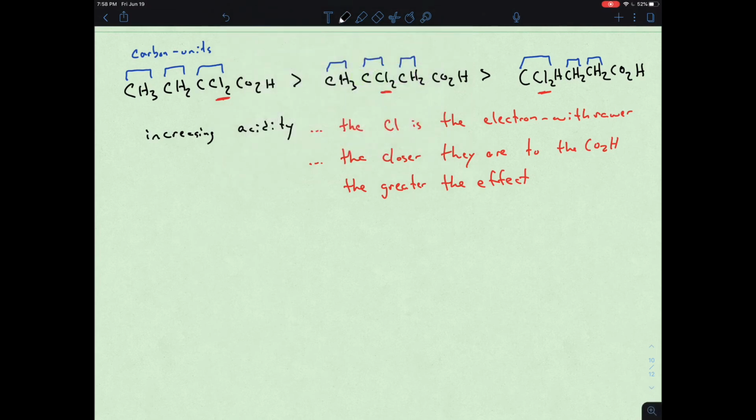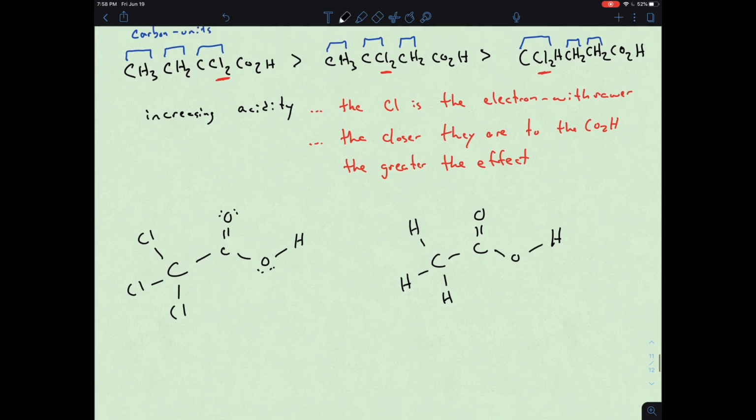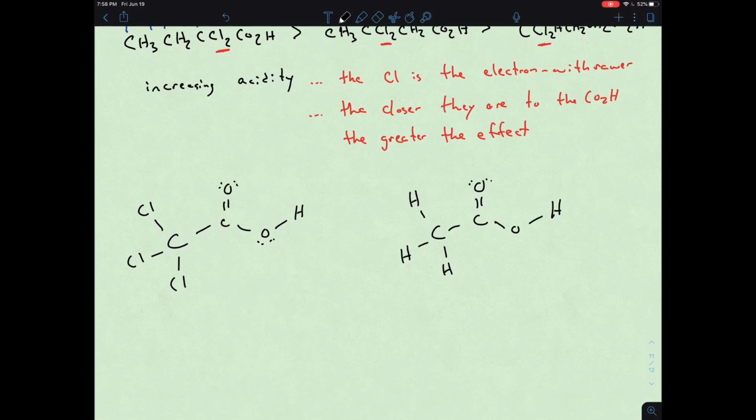Maybe get a picture of it. We have maybe two molecules, such as trichloroacetic acid and just acetic acid. If we look, the structures are very much the same, but we have these three chlorine atoms, which are electron withdrawing groups.